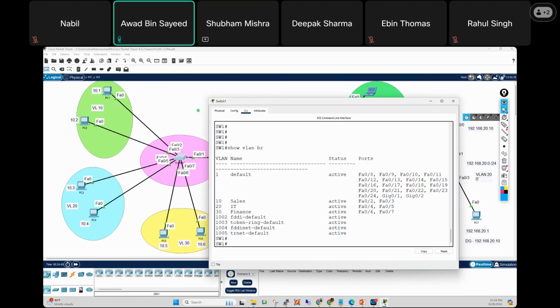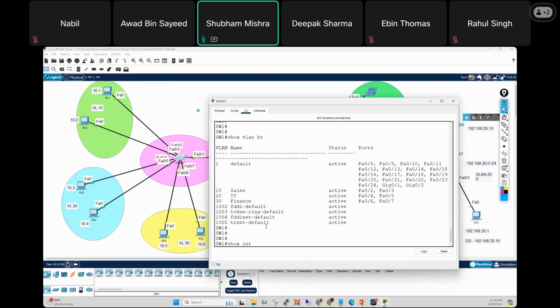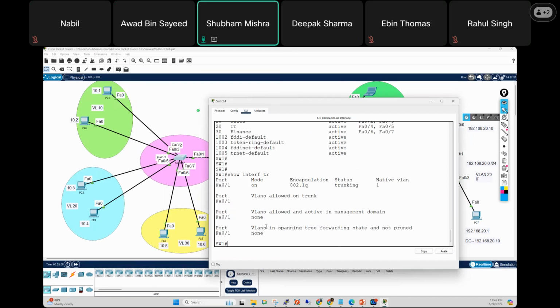Okay, I hope you guys understand something about the trunk. Even you guys can change the native VLAN also. What is the command to change the native VLAN, guys? When I write show interface trunk, what is the native VLAN? 1.